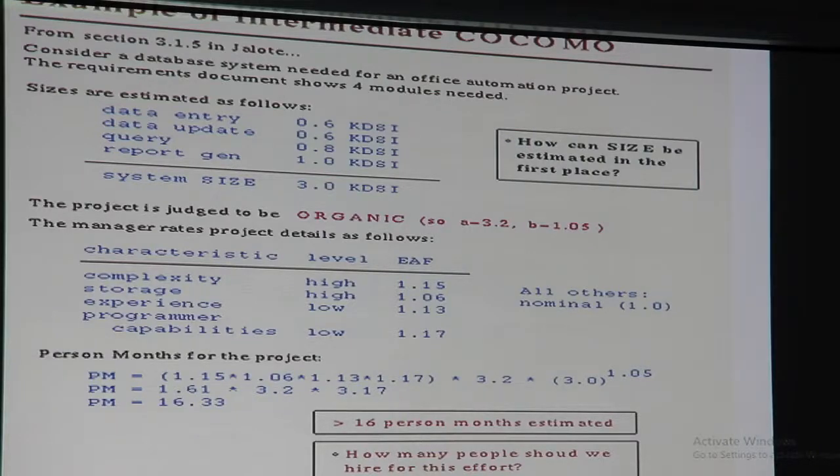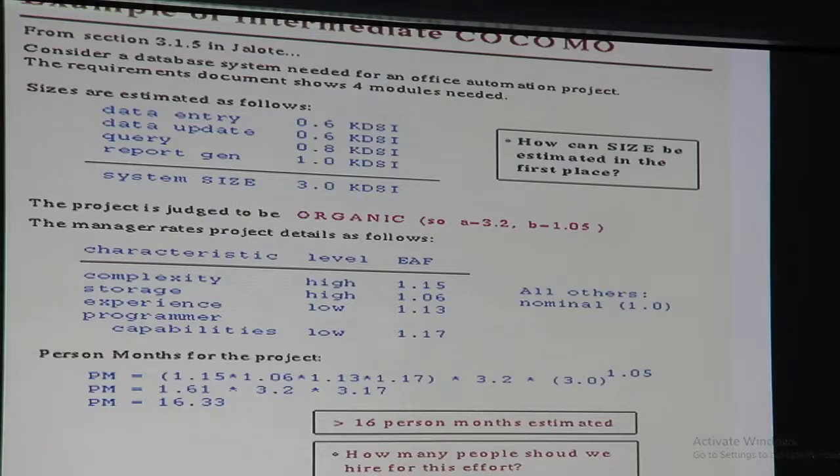Finally, I get person months to be 16.33, which means a little more than 16 person months is estimated. So the effort required is 16 people working for 1 month. This is how intermediate COCOMO is calculated.